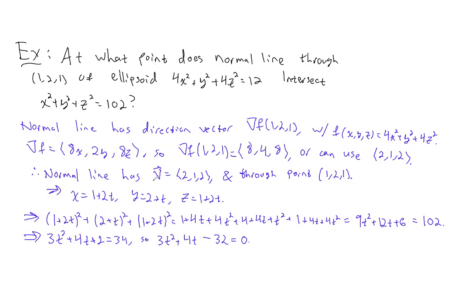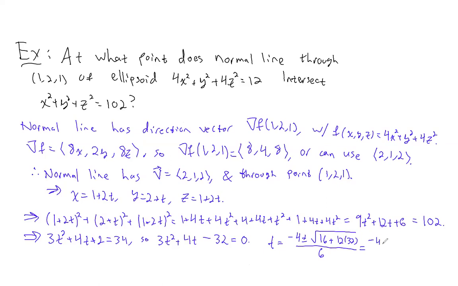And I think the best thing to do here is just to hit this with the quadratic formula. So in other words, that becomes negative 4 plus or minus the square root of 16 plus 4ac, 12 times 32, over 2a, which is 6. Or in other words, you can factor out a 4 from the top.